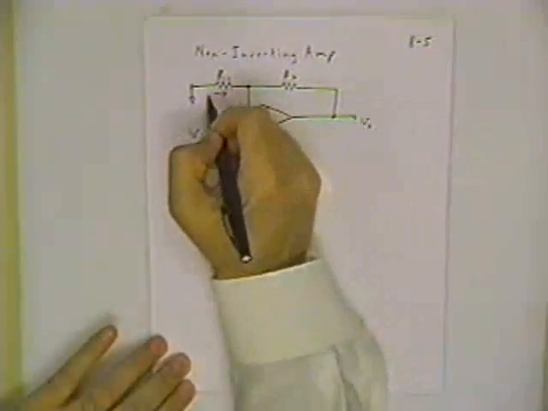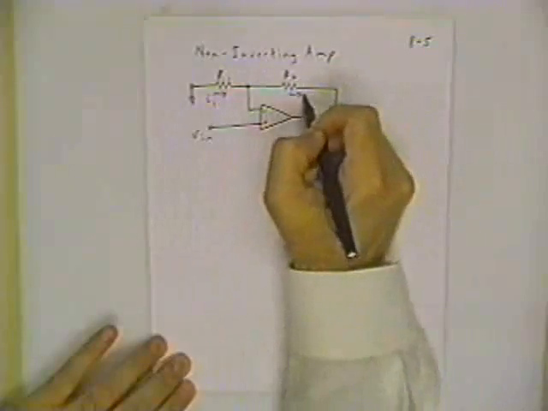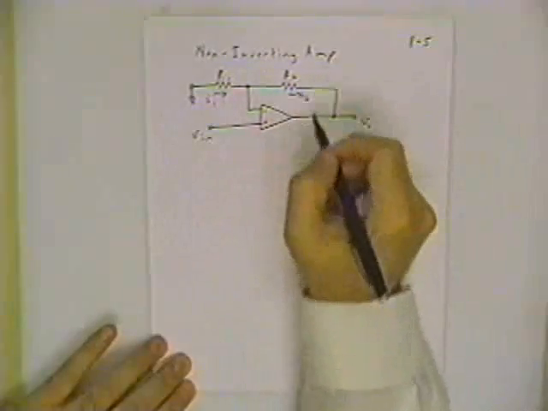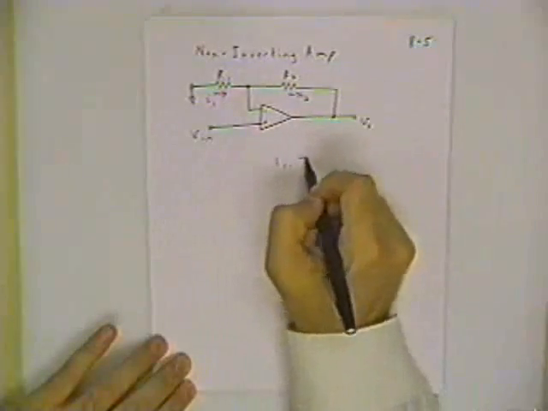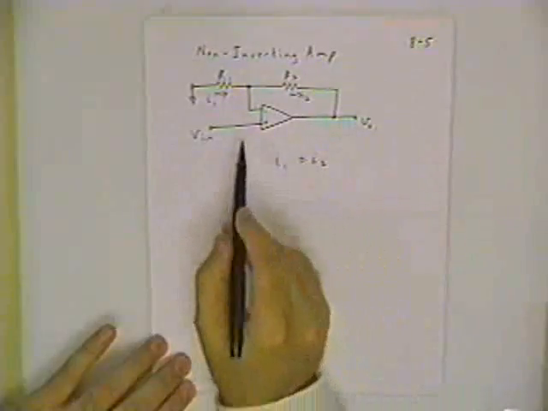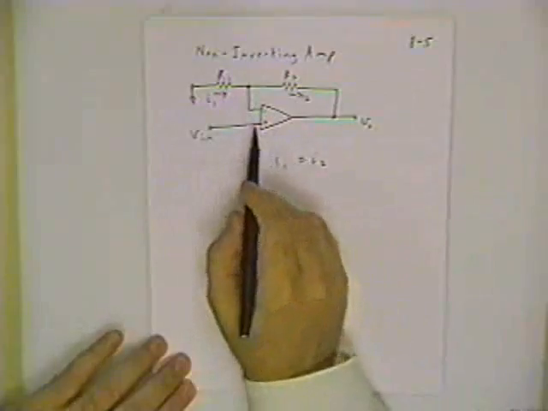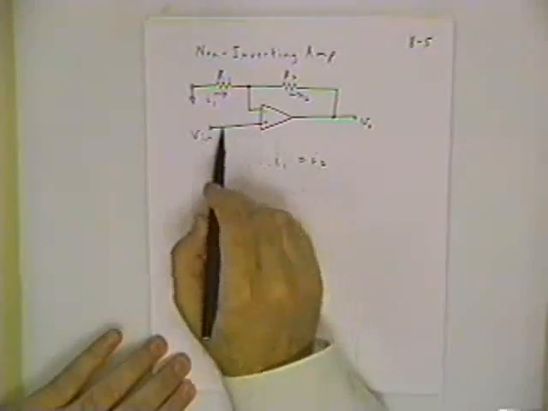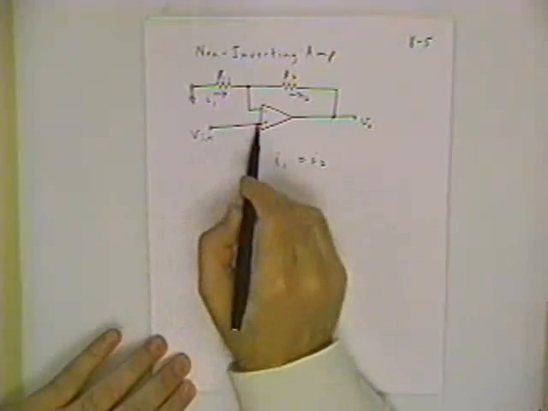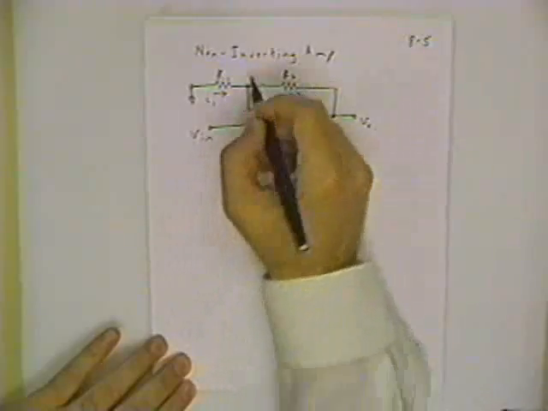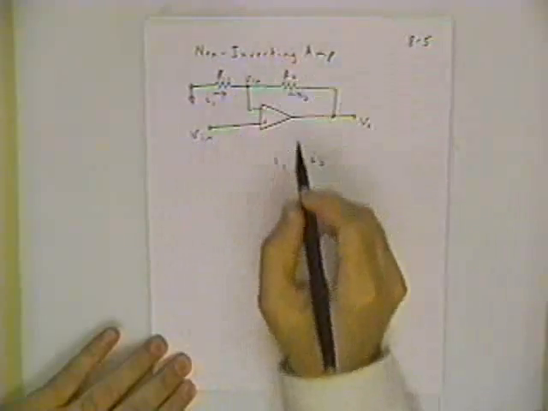And now let's go through, since the analysis is very similar to what we had before, and start off with the description that I1 has to be equal to I2, again because the current in this wire is 0. If V plus equals V minus and V plus is at the input voltage Vn, that means that this wire, this node, is at Vn.